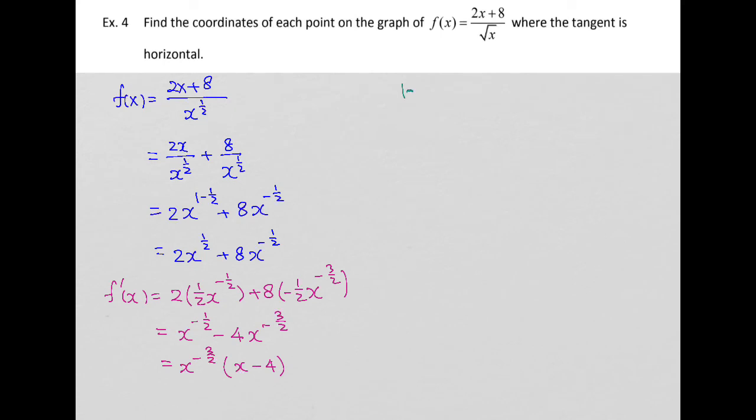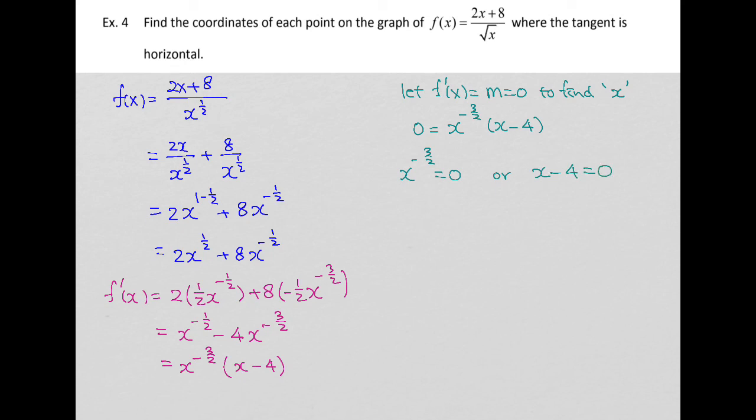Now we are ready to find the point. So we let f prime, which is the slope, equals to 0 to find x. So 0 equals to x to the negative 3 over 2, times x minus 4. This implies negative 3 over 2 equals to 0, or x minus 4 equals 0. And negative exponent really means 1 over x to the exponent 3 over 2 equals 0. That means 1 equals 0, which is invalid.